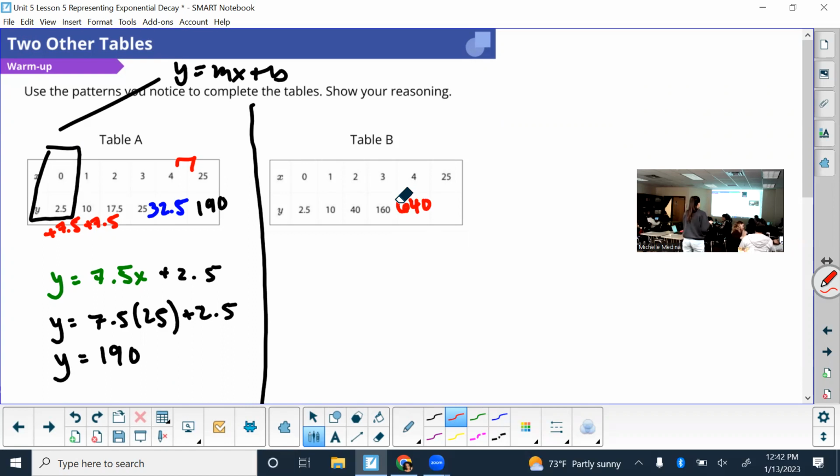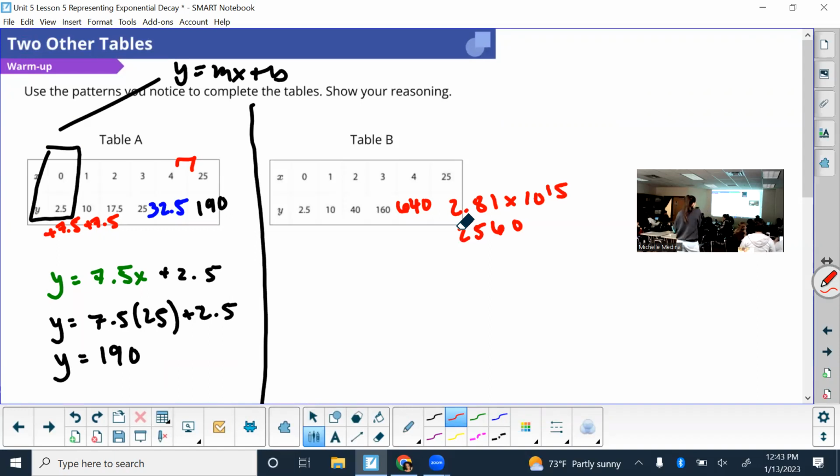Table 1, what is the y when x is 25? I got like 2.81. Right, anyone get something different? That's the same thing I got. 2,560.